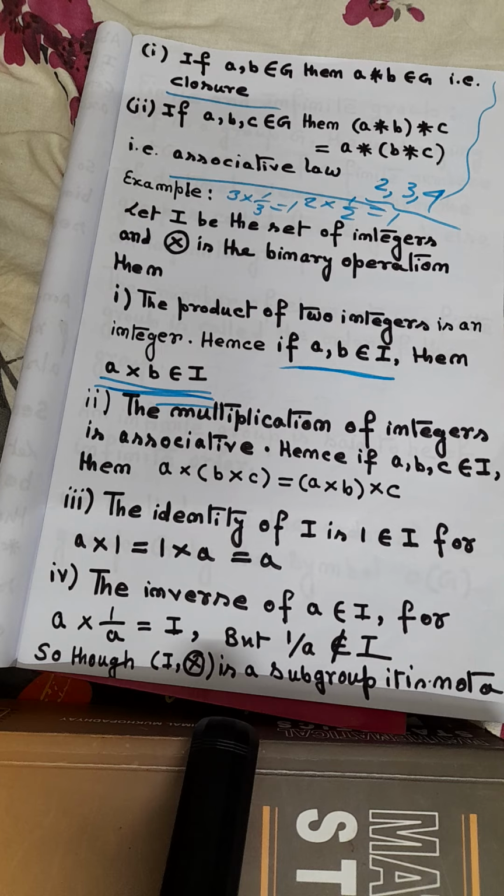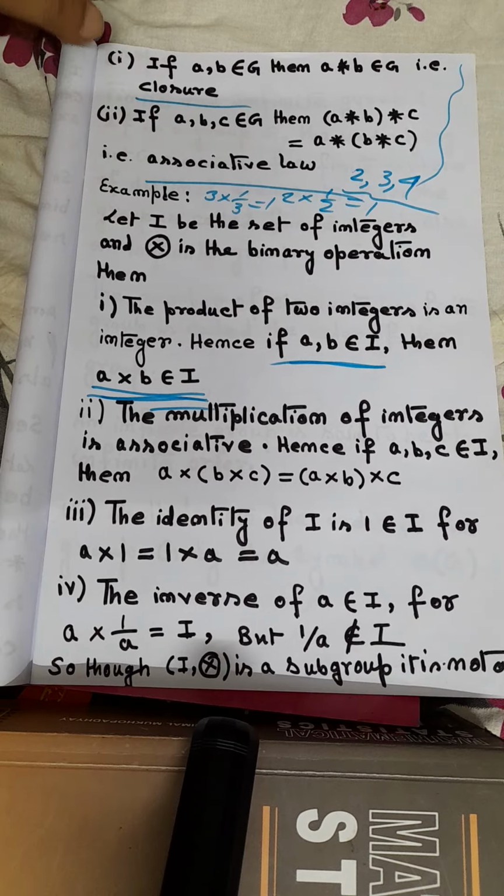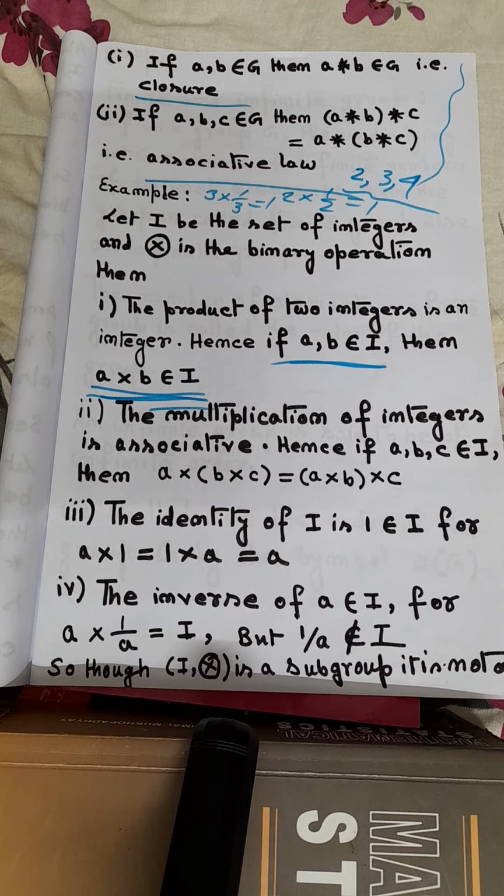Okay. Now, let us consider a set of integers with multiplication as binary operation. We know that if we multiply any two integers, or any three integers, or any four integers, what we will get? We will get an integer.